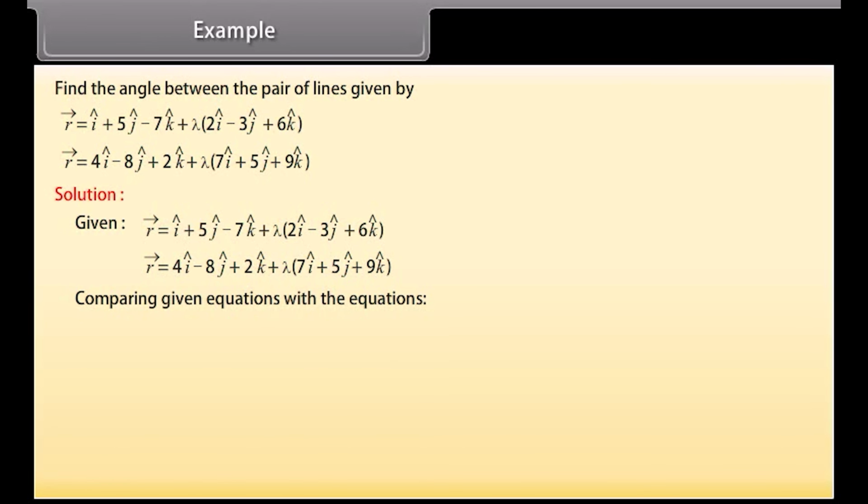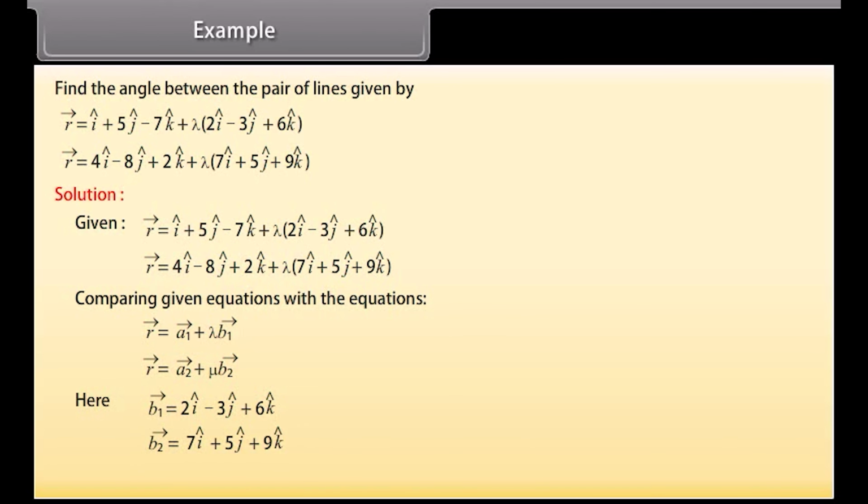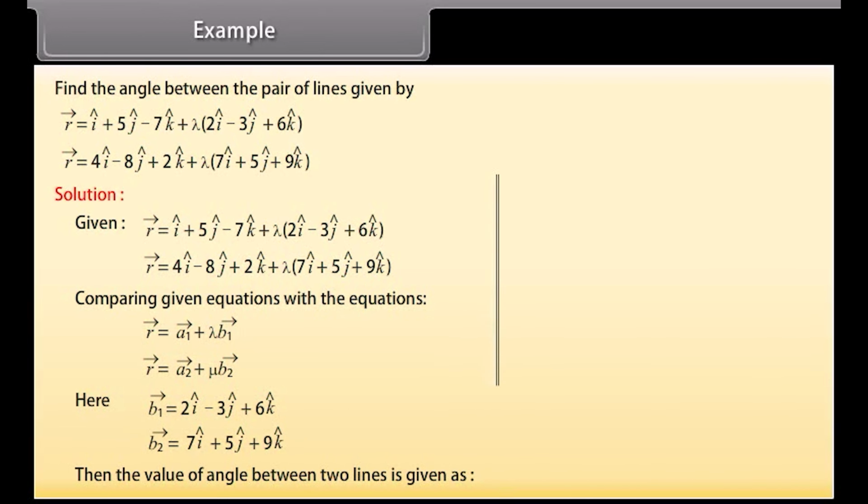Comparing given equations with the equations vector r equals vector a1 plus lambda vector b1, and vector r equals vector a2 plus mu vector b2, here vector b1 equals 2i minus 3j plus 6k, and vector b2 equals 7i plus 5j plus 9k. Then cos theta equals modulus of vector b1 dot vector b2 by modulus of vector b1 into modulus of vector b2.